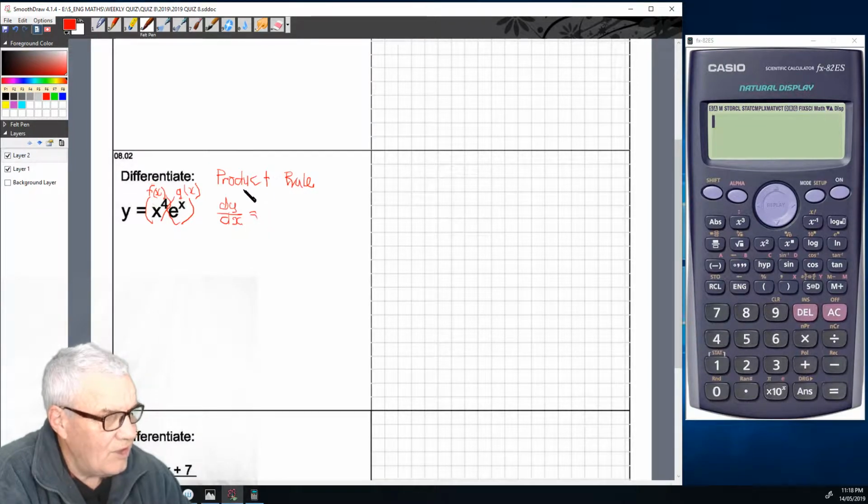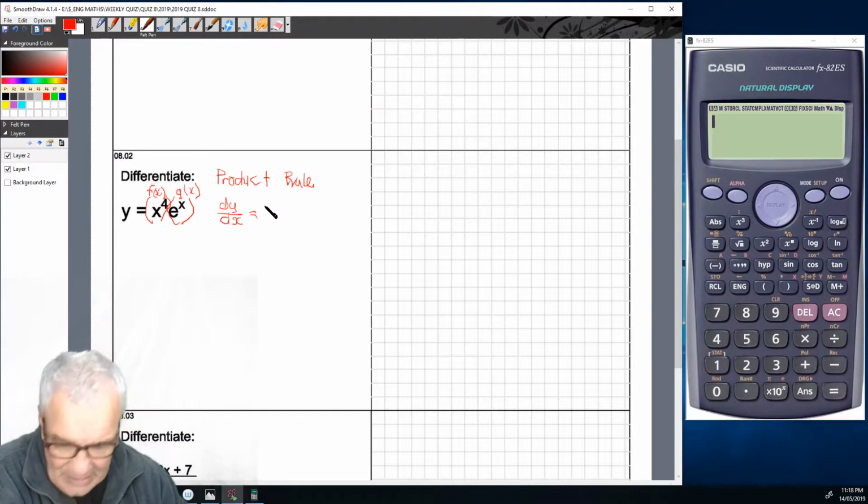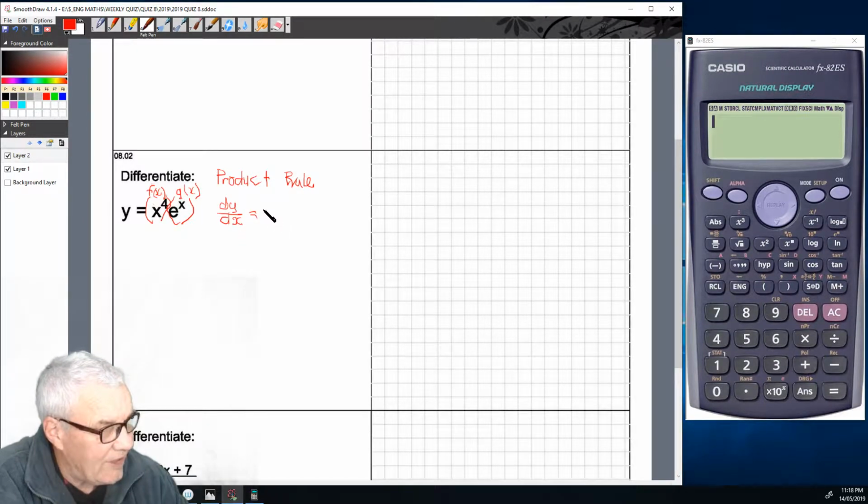So dy by dx equals f dashed of x, which is the differentiation of x, f dashed of x times g of x. So that's just the differentiation of the first function times the second, plus g dash of x, differentiation of the second function, times the first.